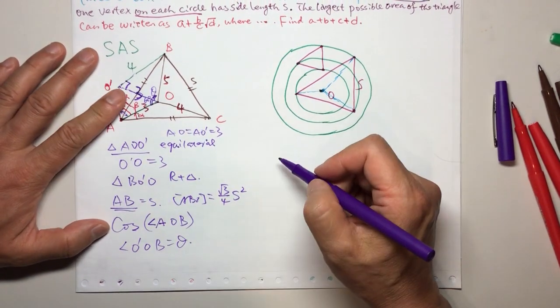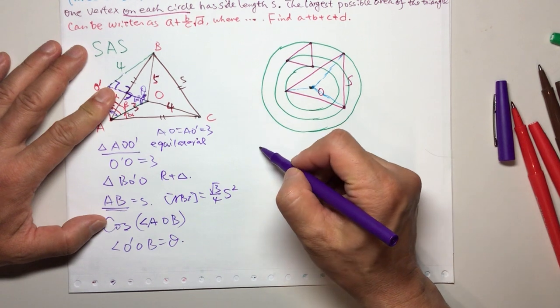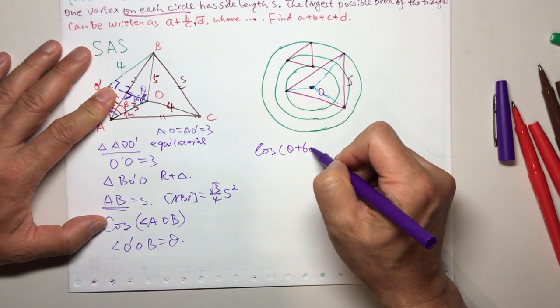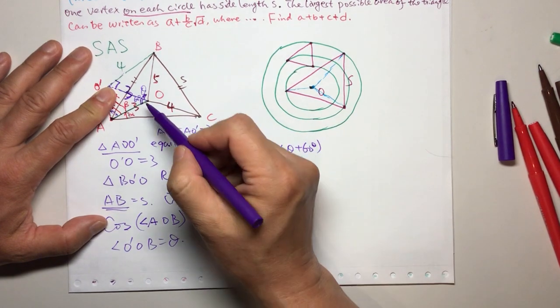Then we will use the formula for cosine of theta plus 60 degrees.